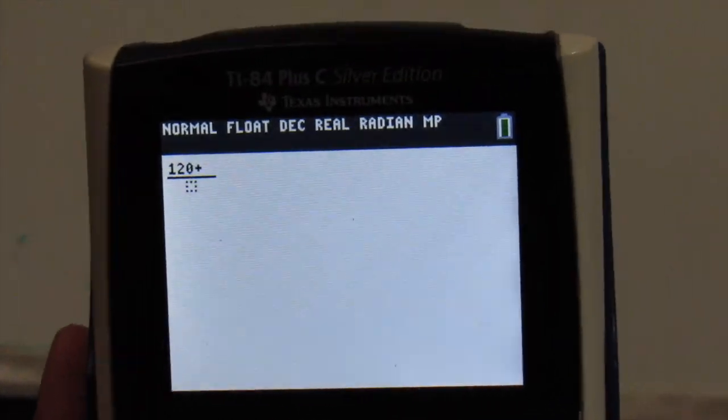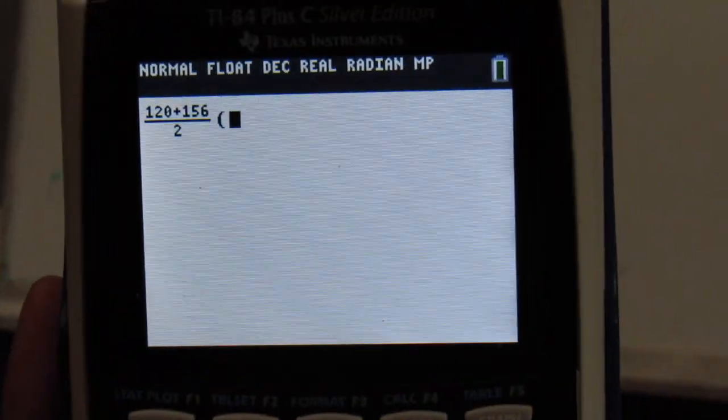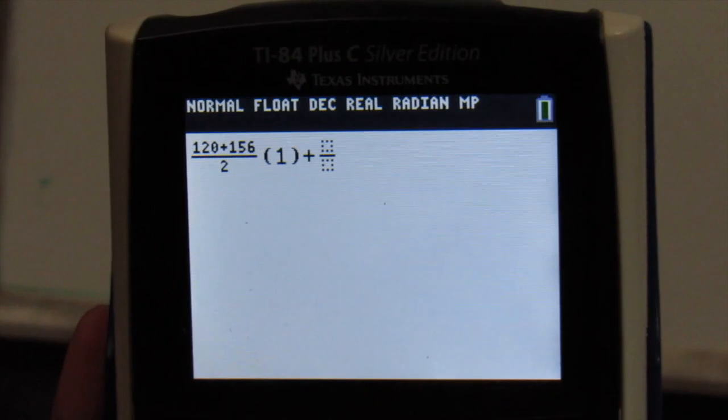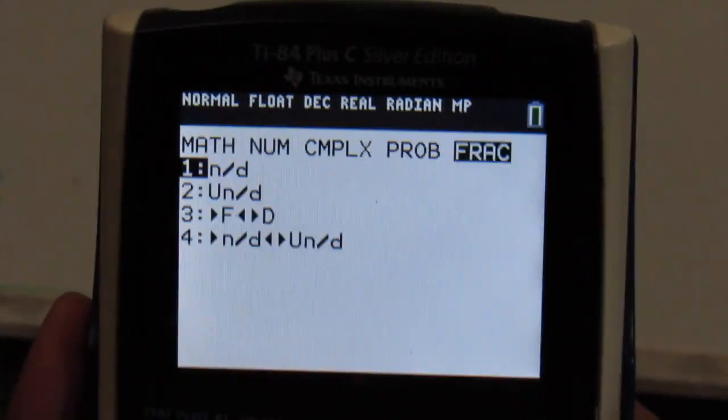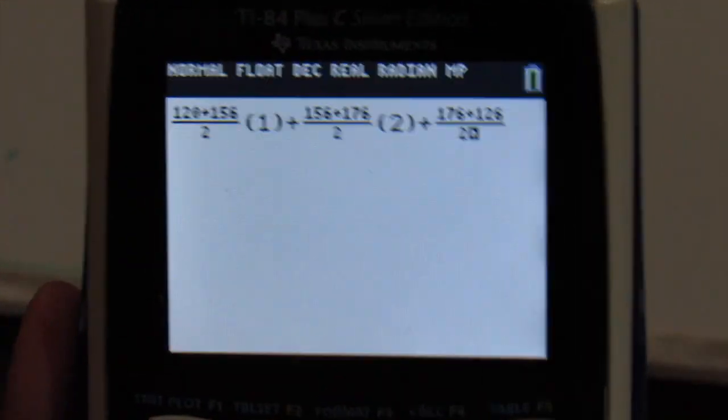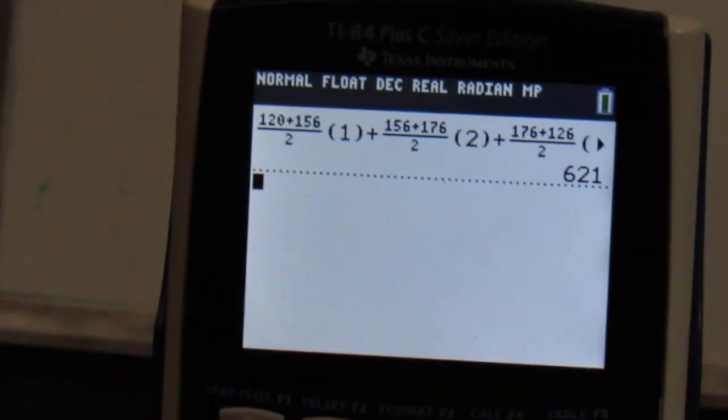Wait, but don't forget that this is average, so I think you will have to divide by 4.